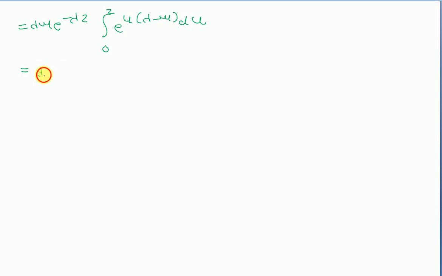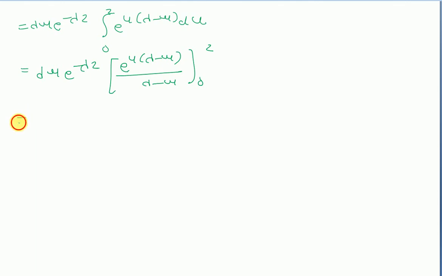So we will get lambda mu e raised to power minus lambda z, e raised to power u lambda minus mu upon lambda minus mu, from 0 to z, and the constant will be out of the bracket, lambda minus mu.